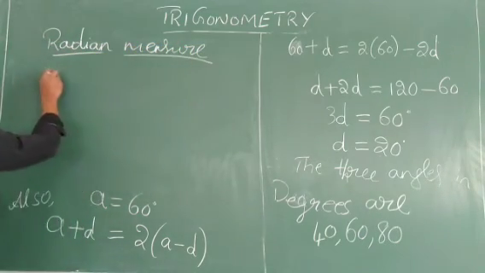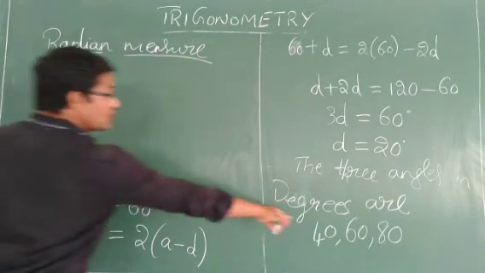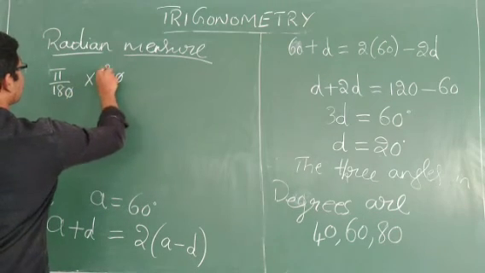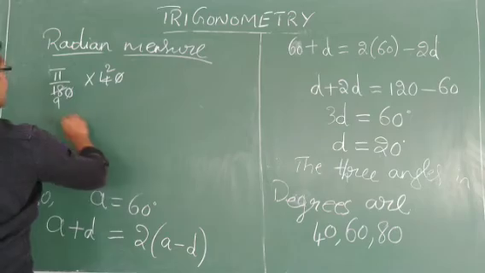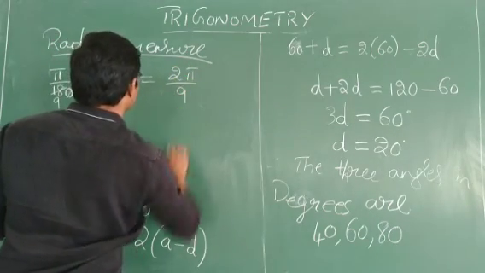How do we convert into radian measure? Pi by 180 into the degree measure, into 40. So cancel 0, this is 2 times, this is 9 times. So that is equal to 2 pi by 9.